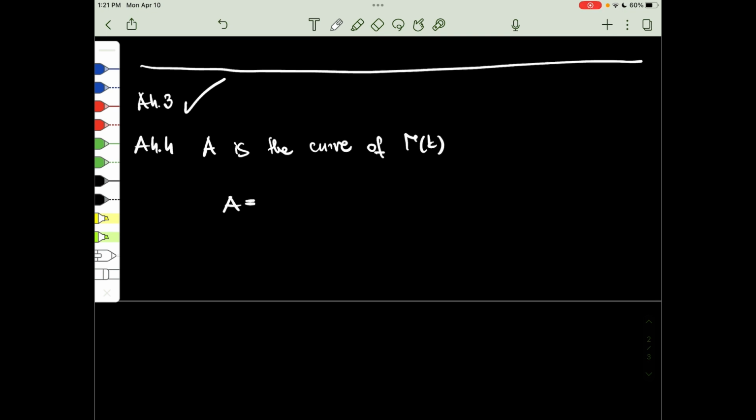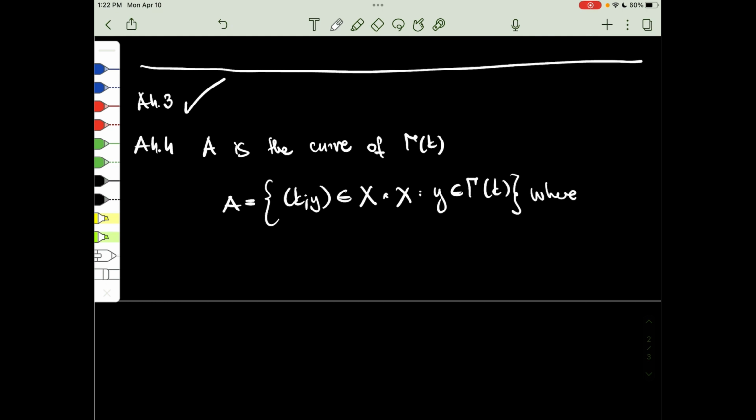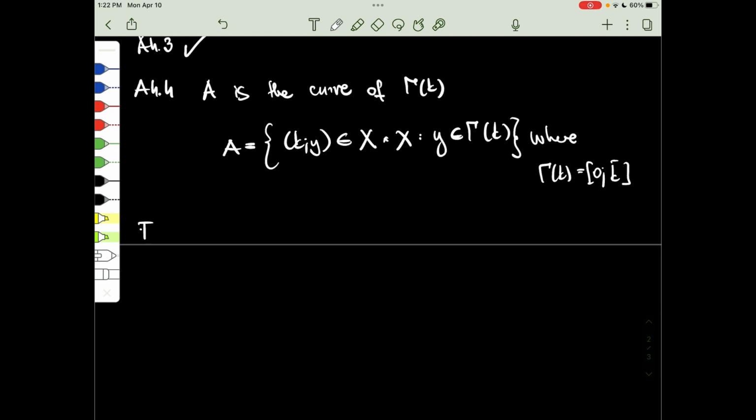A is defined in this way: a set consisting of points with coordinates k and y, supposing that the y coordinates are feasible choices, where gamma of k is described with this closed interval, and one period returns are described by this one period return function.